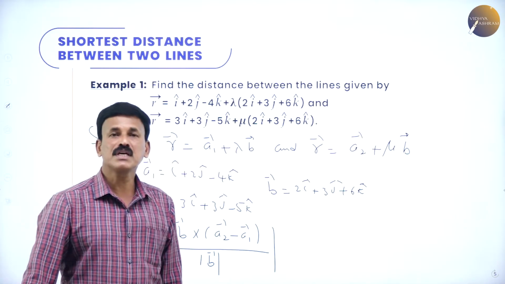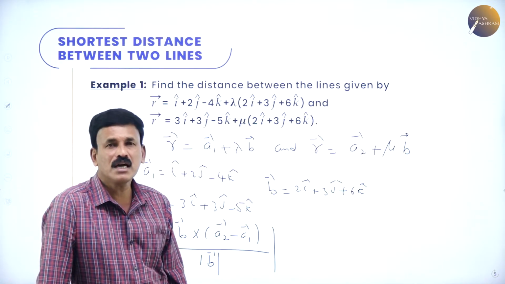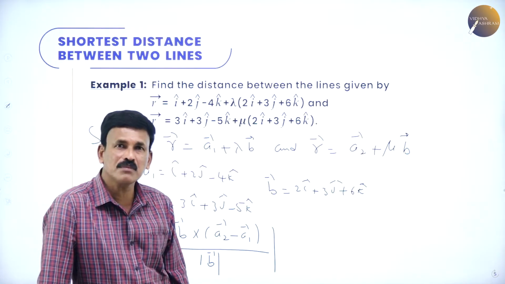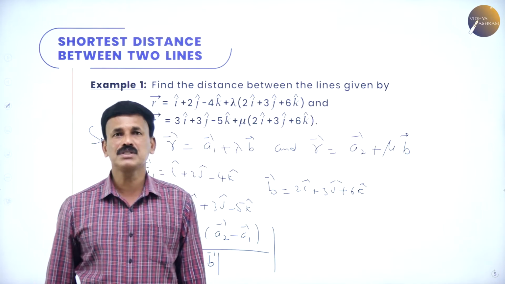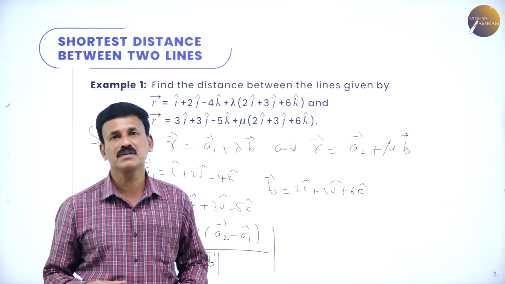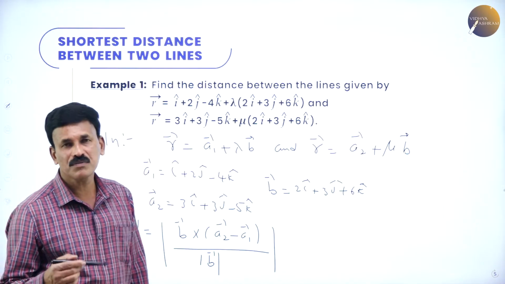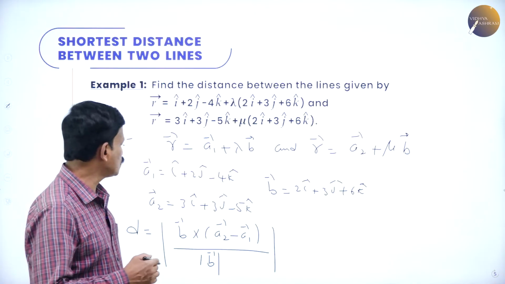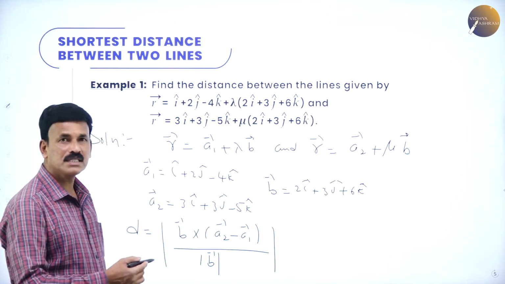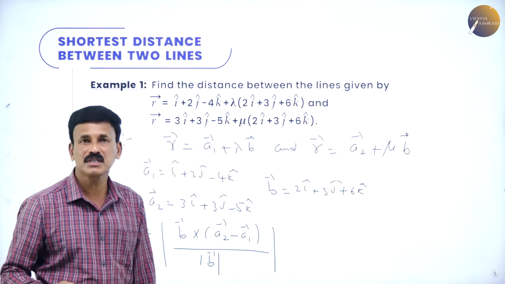Suppose the given lines are skew lines. For skew lines, r is equal to a1 plus lambda into b1 and r is equal to a2 plus mu into b2, where b1 and b2 are different. Then the formula to find the distance is d is equal to (a2 minus a1) dot (b1 cross b2) divided by the length of b1 cross b2.